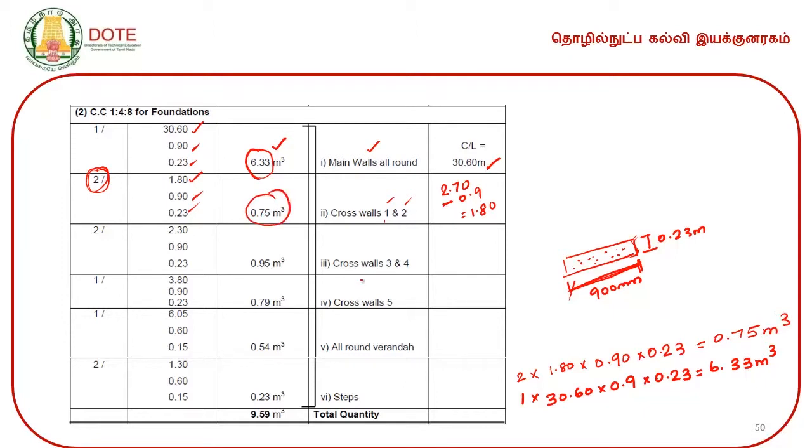The same way, calculate cross wall 3 and 4. What is the center to center of cross wall 3 and 4?